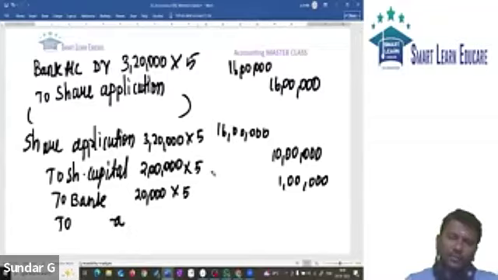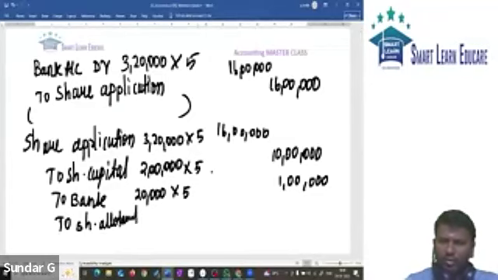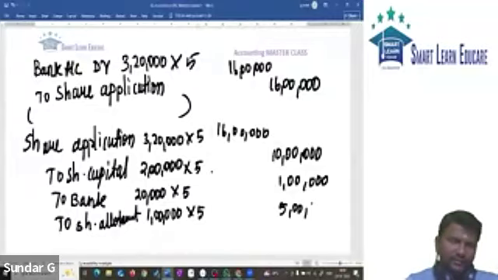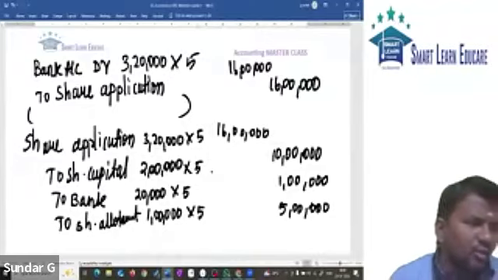Also to pro rata allotment, proportionate allotment, share application account debit to share allotment. 1 lakh shares at 5 gives 5 lakh. That's all. In the first two entries, are you having any doubt?